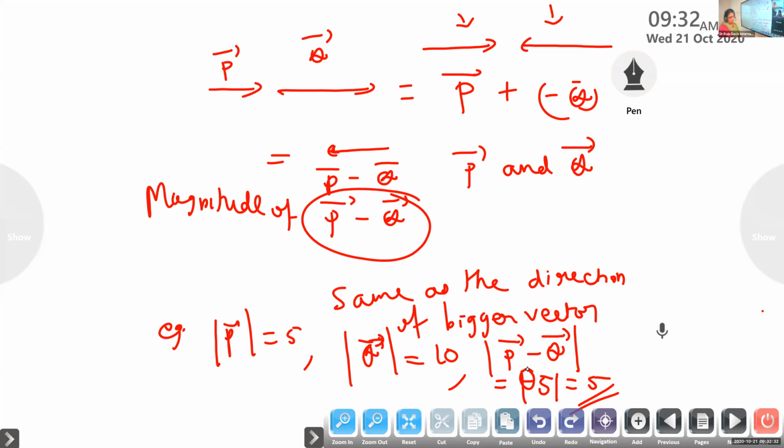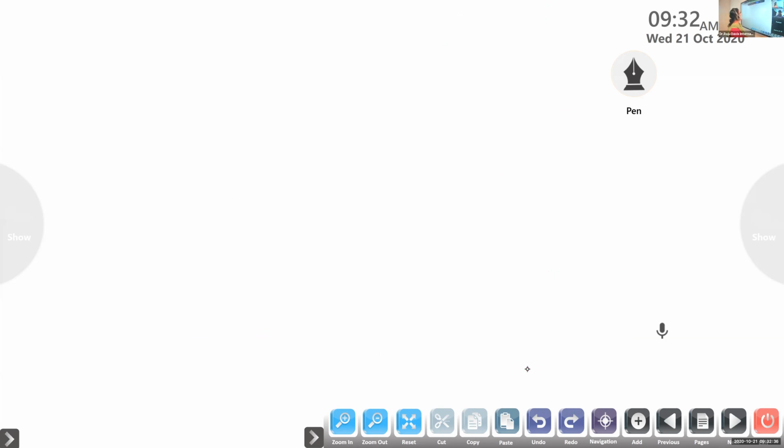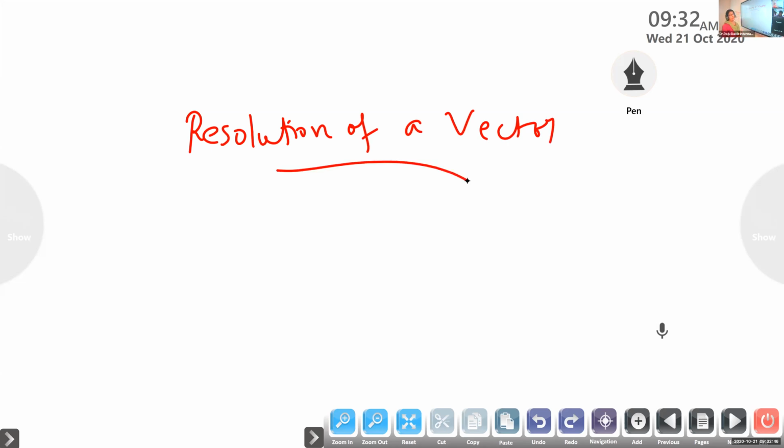Okay. So now we are moving on to the next important section, resolution of a vector. We have problems using this resolution of a vector. What do you mean by resolution of a vector?